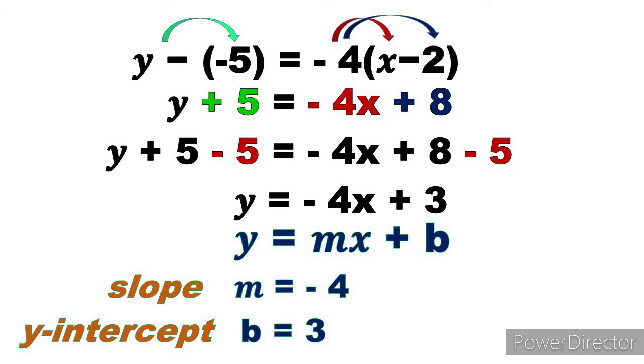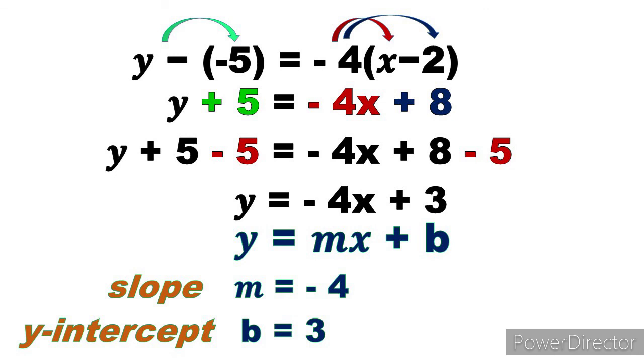The next step is to solve for y. To isolate y on the left side of the equation, we eliminate the positive 5 by subtracting 5 from both sides of the equation.